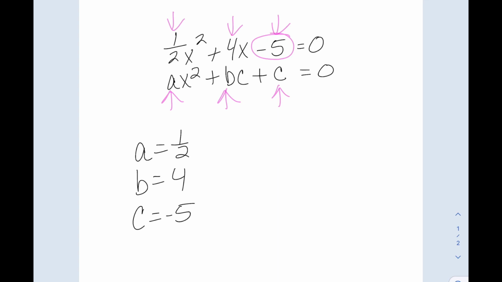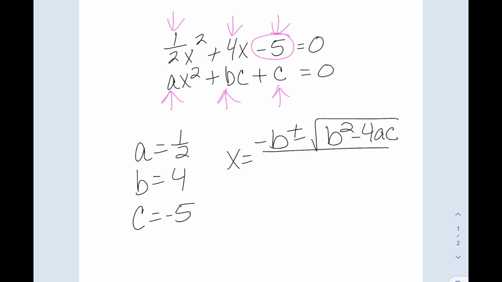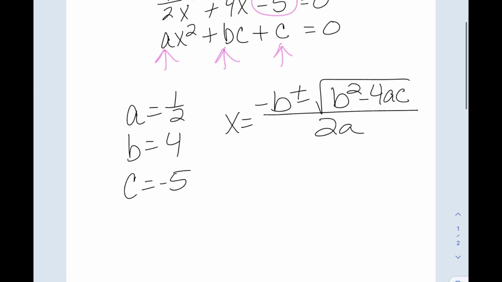If you write it out, that way you have pulled it out of the equation and you can now use it in the formula. So our quadratic formula: x is equal to the opposite of b plus or minus the square root of b squared minus 4ac all over 2a. I'm going to start plugging in now, being very careful of any signs. So x is the opposite of b. I say opposite of b so that you will change the sign of whatever b is.